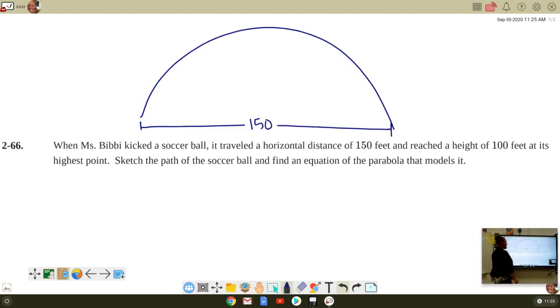That is the horizontal distance that it covers. The vertical distance, or the maximum height, is 100 feet. That's the part that's going to affect your vertex. The rest of it I'm going to leave up to you. You figure out the equation, the A value, the H value, the K value, all of that.